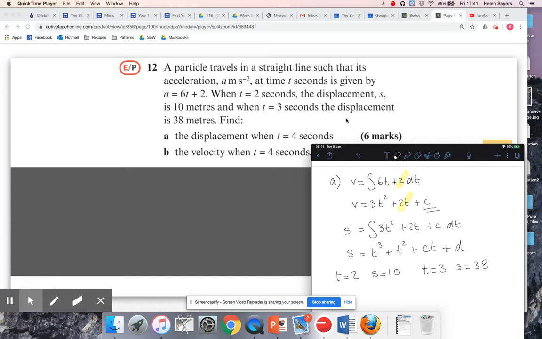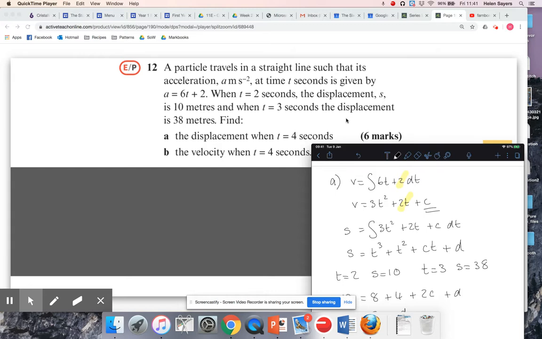So if I sub that in, S is 10 when t is 2, so that's going to be 2 cubed plus 2 squared plus 2 times c plus d. So let's minus the 8 and the 4 from the 10, and I end up with that.